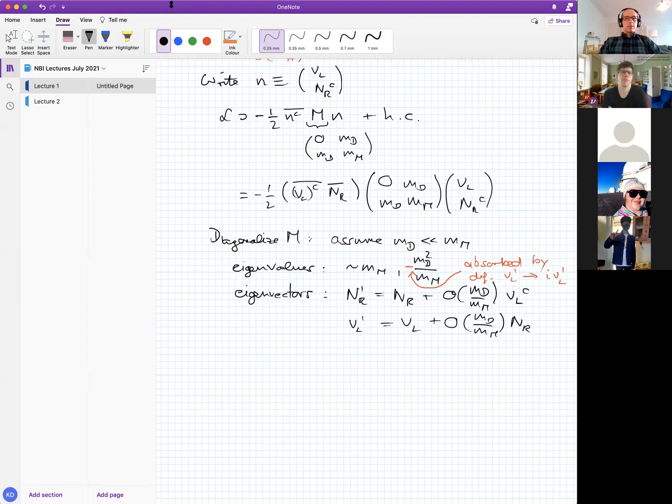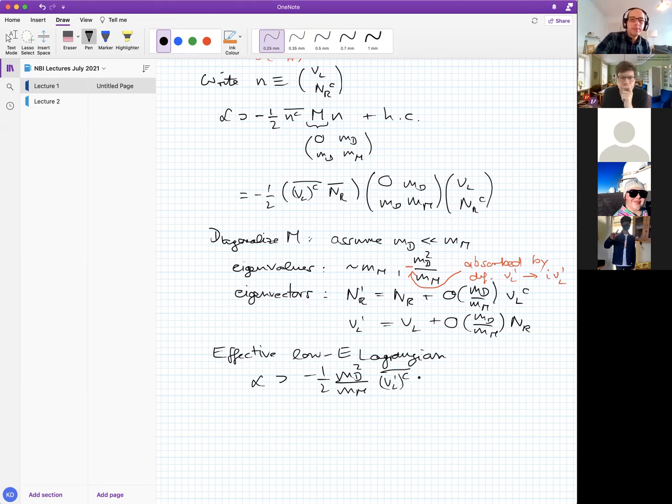Okay. So that means that now the effective Lagrangian at low energy has the structure: just minus 1/2 MD square over MM times nu L prime charge conjugate bar times nu L prime.